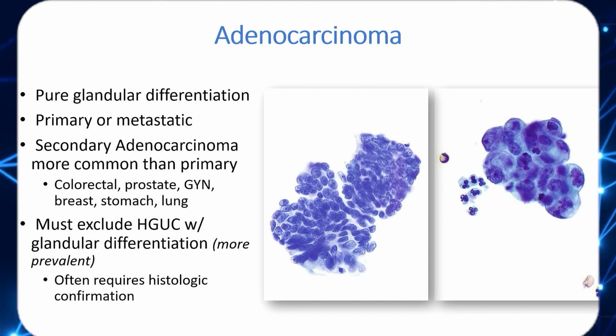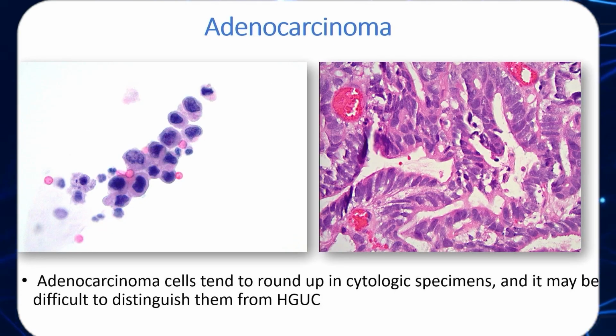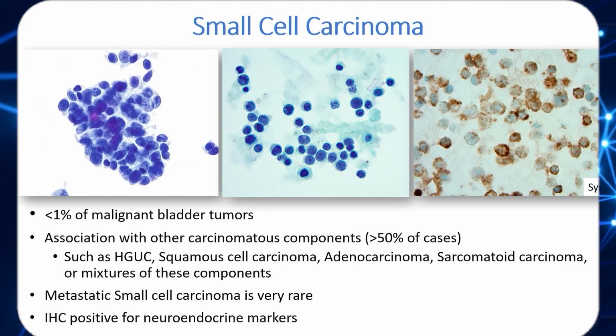Adenocarcinomas, the next malignancy, pure glandular differentiation, primary versus METs. Again, for this group, primarily of cytopathologists, should not be very difficult. The main thing is to recognize that prostatic adenocarcinomas, colorectal carcinomas, and even sometimes breast carcinomas have been found in urine samples as metastatic disease.